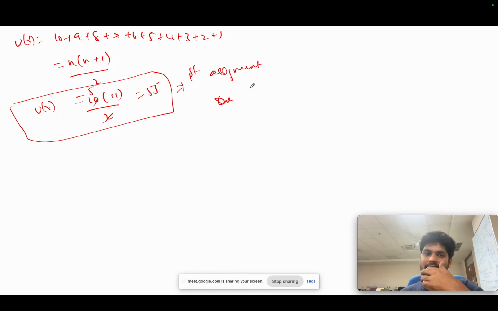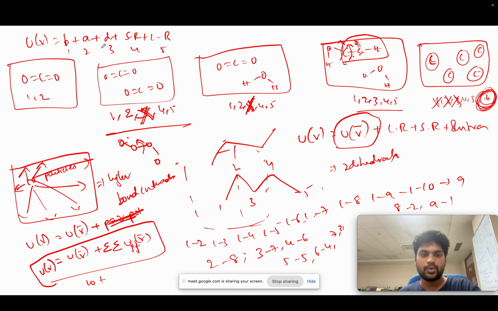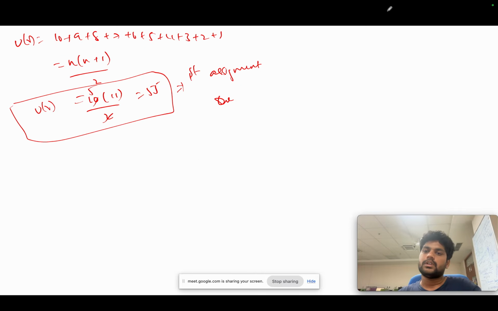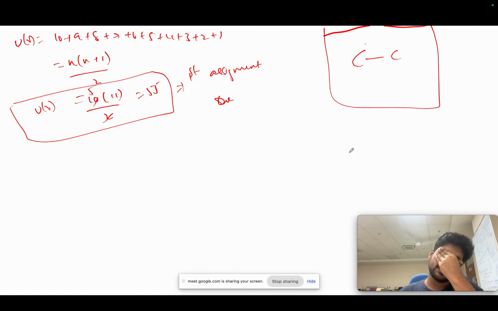Okay, just read it, and for the second question also, we have discussed the properties here, right? Say suppose if I am given only C comma C, okay. So can you tell me which one can be applicable here for C comma C? Bond is applicable.